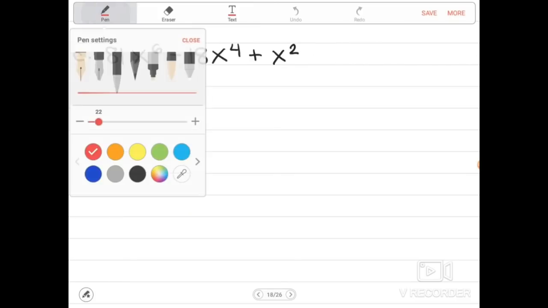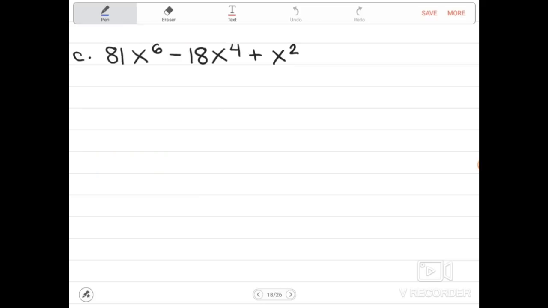Do they have common? Yes, meron. Para silang may x, no? So, anong pinakamababang exponent ng x? Yung x squared. So, common monomial factor, x squared, 81, x raised to 4, minus 18, x squared plus 1. Ayan.